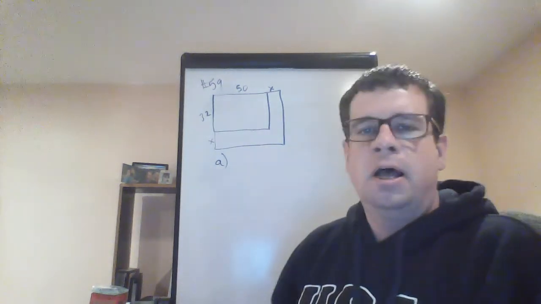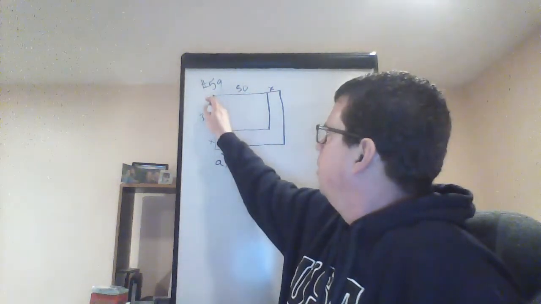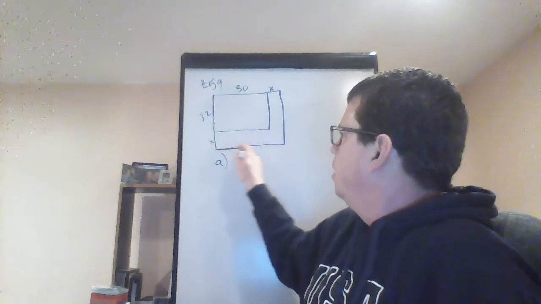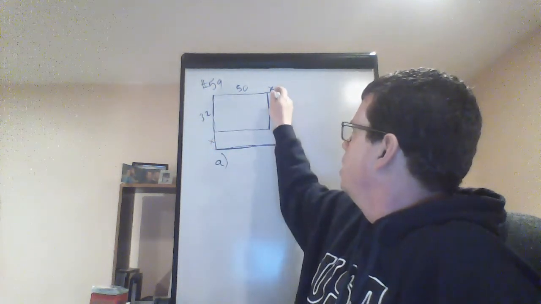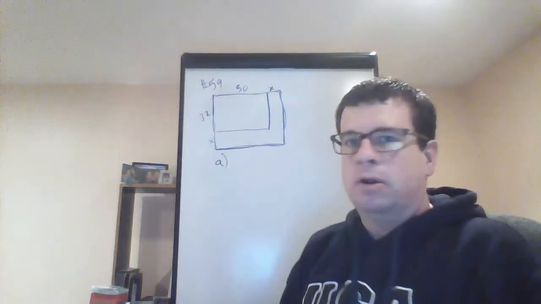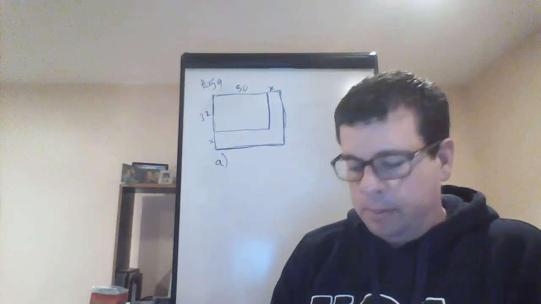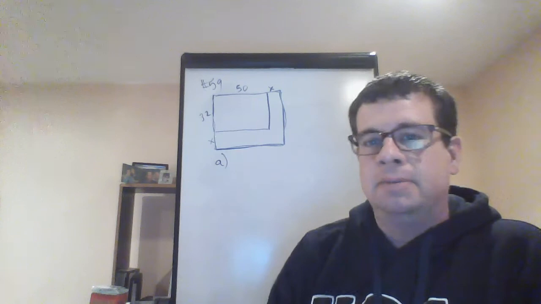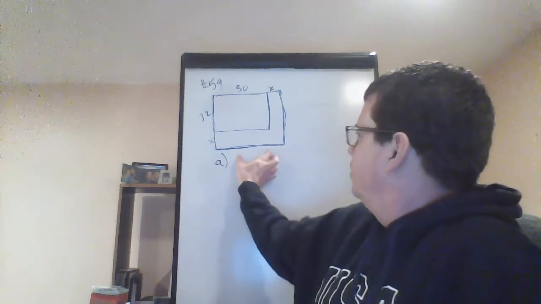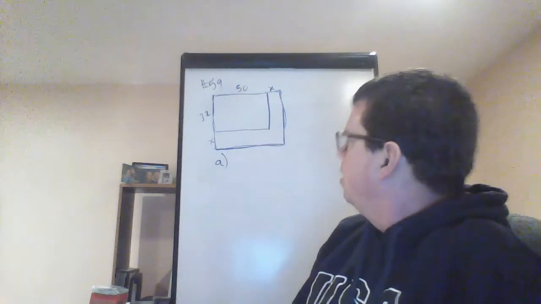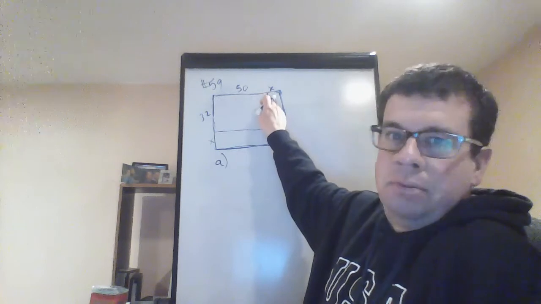All right. So again, if I look at the entire rectangle here, that's what I'm looking at, not just the house, but the house and the porch together. Area, which is what we're trying to represent with a polynomial, is base times height. So the base of this thing will be the same as up here, and that's going to be 50 plus x.